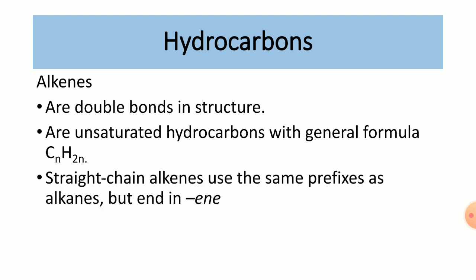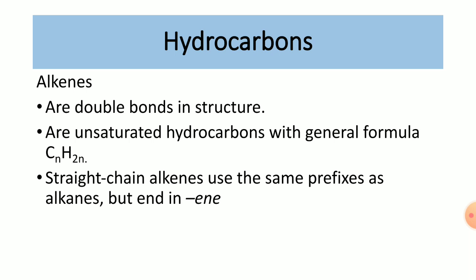Straight chain alkenes use the same prefixes as the alkanes, but end in ene. Just like on the alkanes, we also use the same prefixes, but the only difference is their ending.